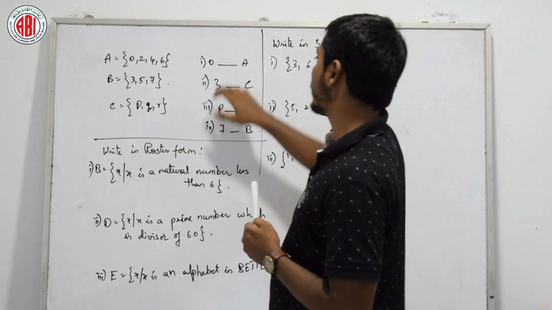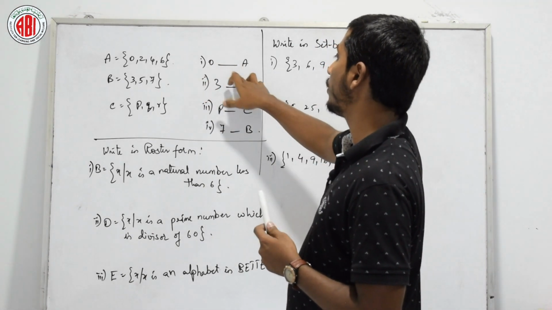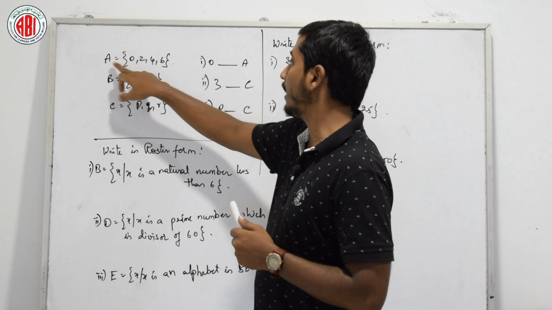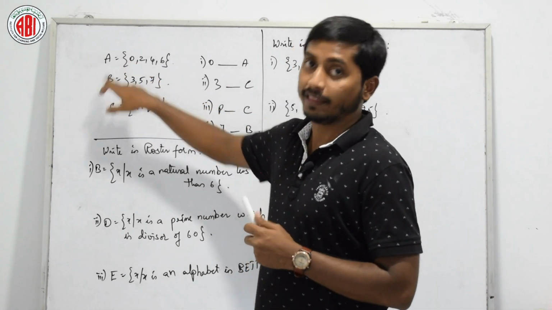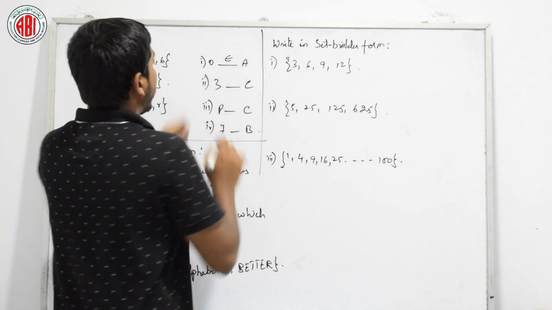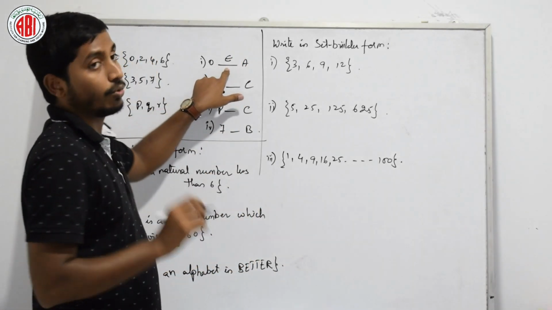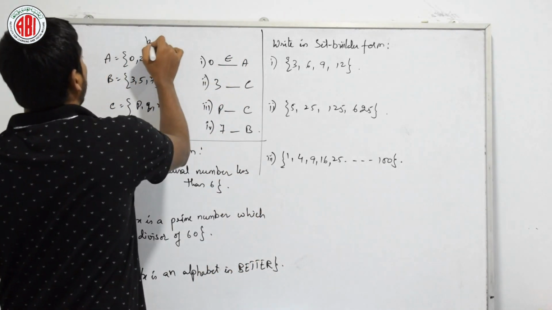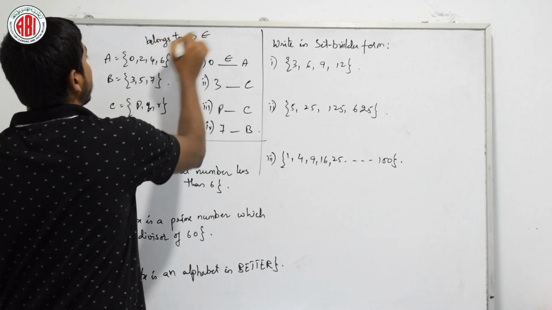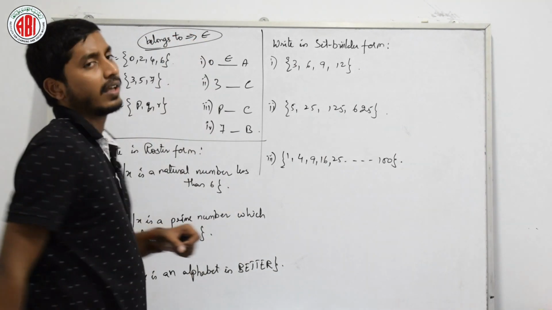Now he is asking whether 0 belongs to A or not. Is there an element 0 in A? Yes, it is there. Then we write 0 belongs to A. This is the symbol of belongs to. Remember, belongs to is indicated by this symbol.